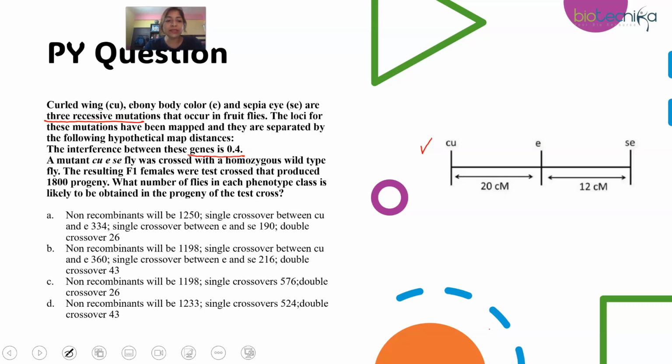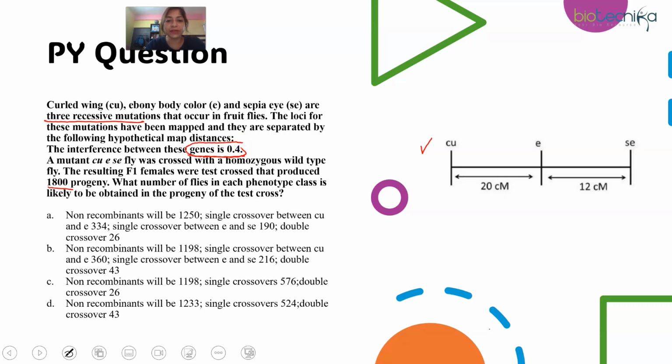The mutant CUESE fly was crossed with a homozygous wild fly. The resulting F1 females were test crossed and produced 1800 progeny. What number of flies in each phenotype class is likely to be obtained in the progeny of the test cross? So first of all, this information is given to us.